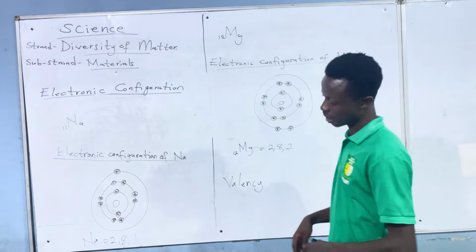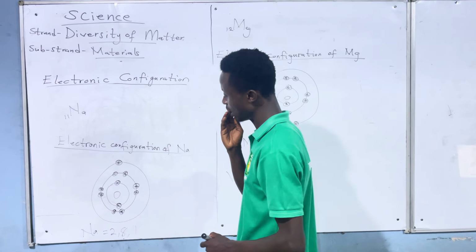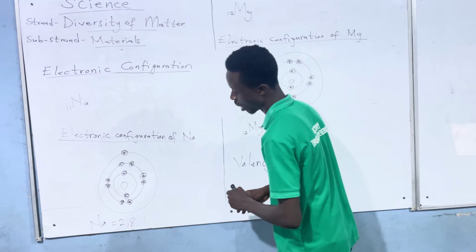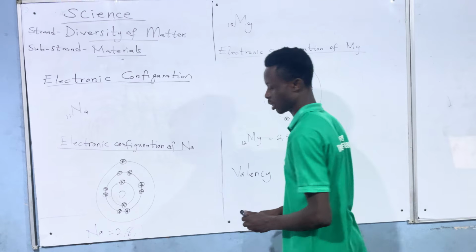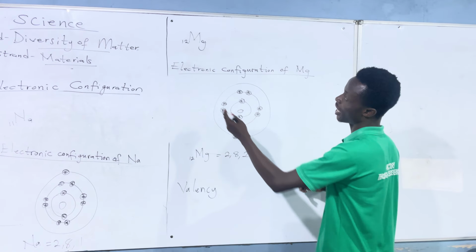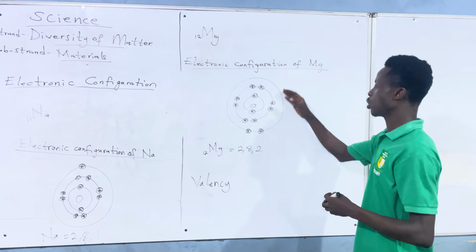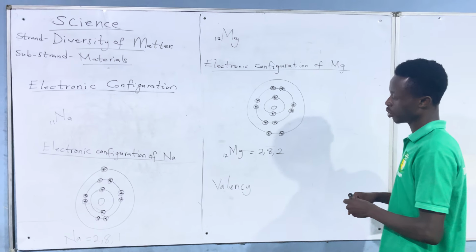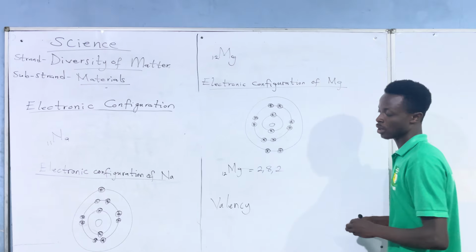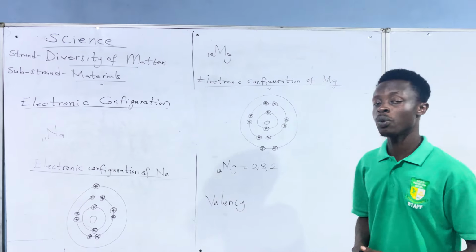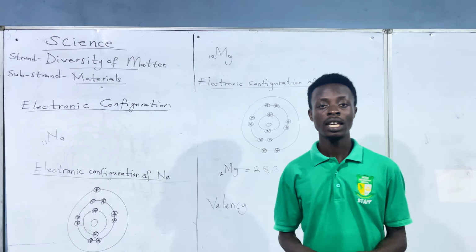Looking at sodium, you can see that the outermost shell has 1 electron, so the valency of sodium is 1. If you look at the electronic configuration of magnesium, the outermost shell has 2 electrons, so the valency of magnesium is 2. That is how we determine the valency of an element.